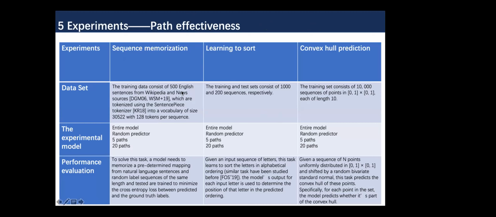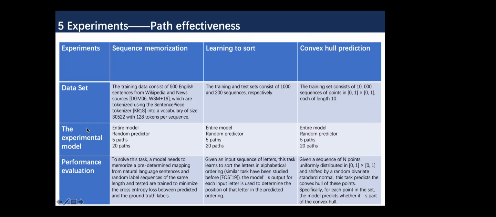Here we have 500 English sentences from Wikipedia and news. And here the training and test sets consist of 1,200 sequences respectively. And in this task, the training set consists of 10,000 sequences of points.